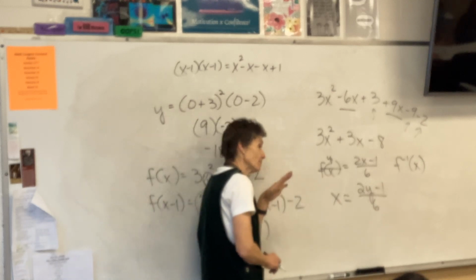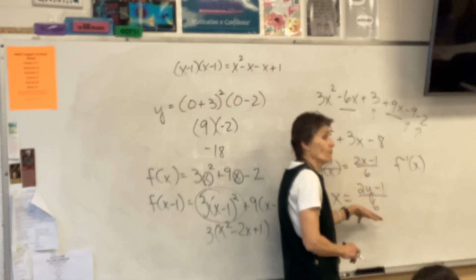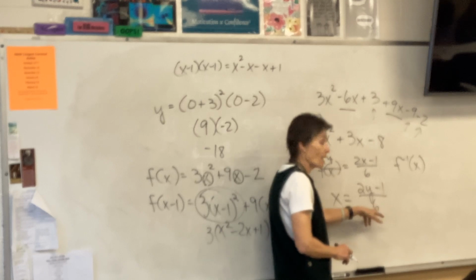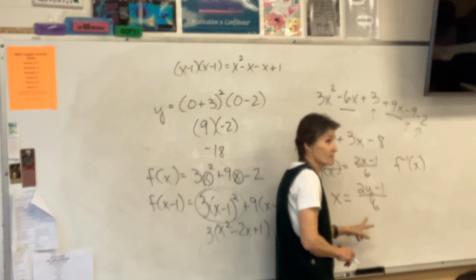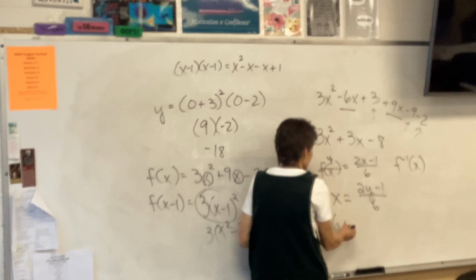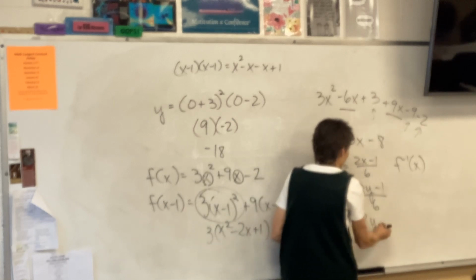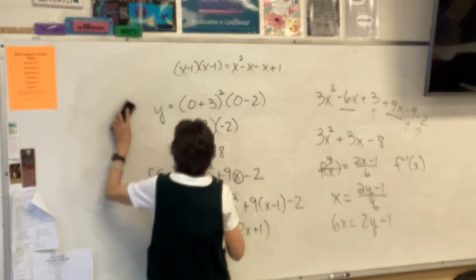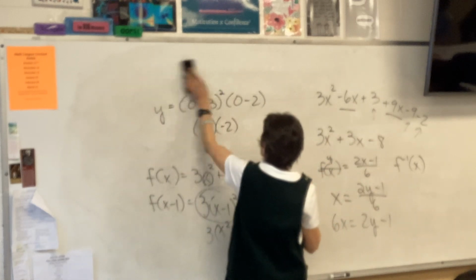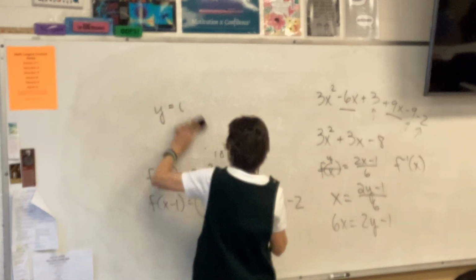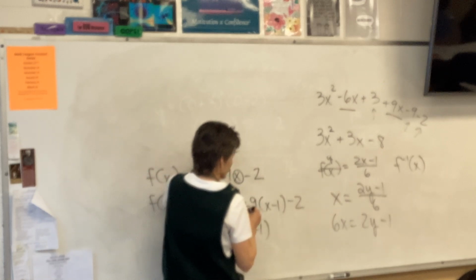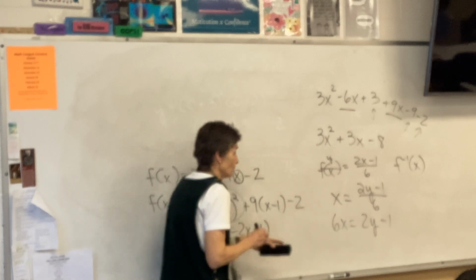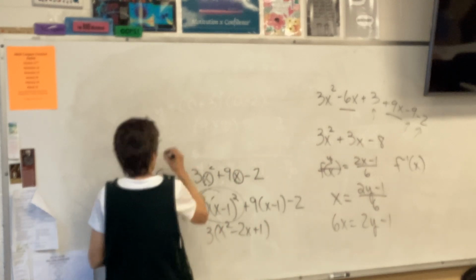Then, Izzy, we're going to start solving for y. So I would just times by regular 6. So 6x equals 2y minus 1. And then what? No, guys, I'm trying to get y by itself, so I'm going to add 1.